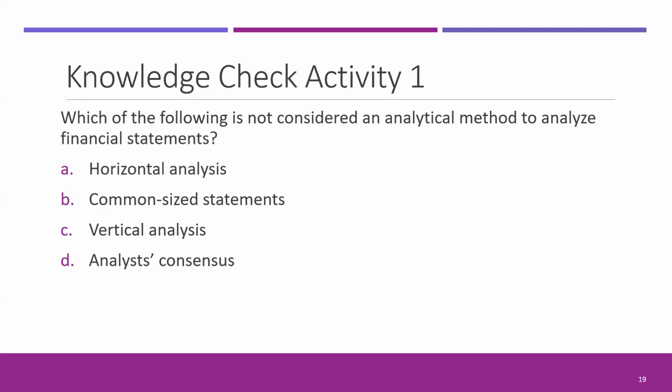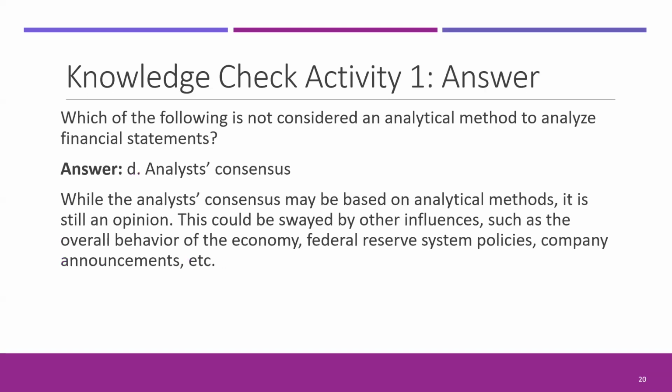Which of the following is not considered an analytical method to analyze the financial statements? D, correct. An analyst consensus, especially on earnings per share or what sales is going to be, what net income is going to be, could be based on a lot of analysis and analytical methods, but that's not a method in itself.